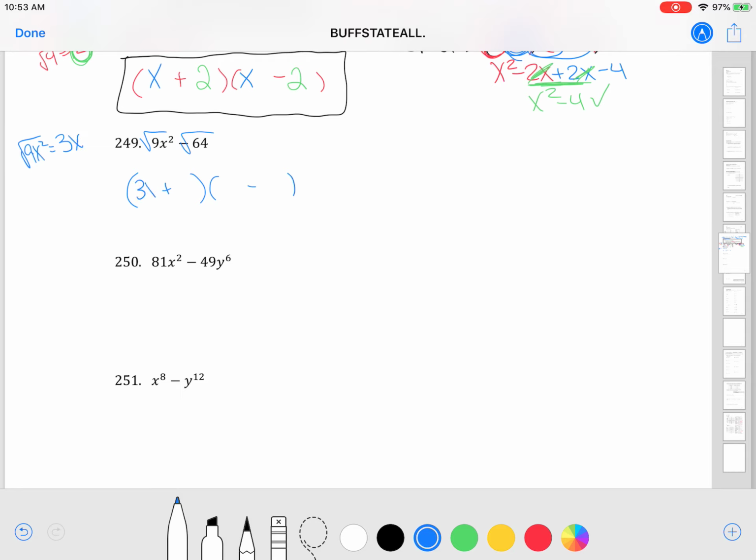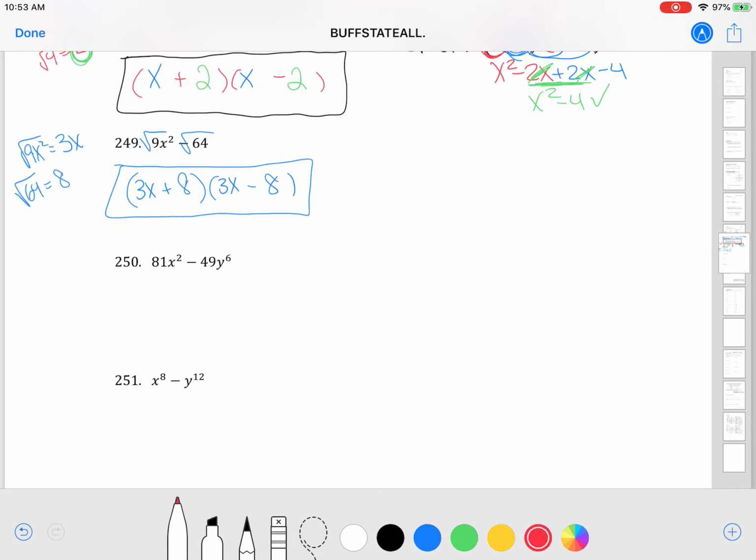That's going to be an x. So I'm going to put a 3x in the first section of both sets of parentheses. Now the square root of 64, what times itself gets you 64? That's going to be an 8. So I'm going to put an 8 at the end of both sets of parentheses. And that's your answer.